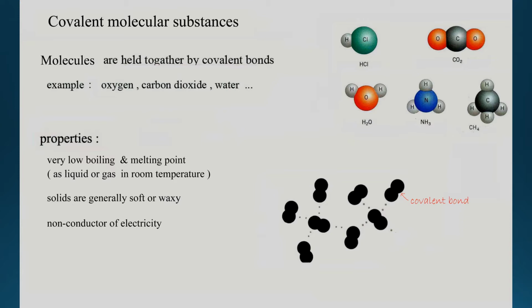Now, I'm going to introduce another type. This is called the covalent molecule substance. They are also held together by covalent bonds. For example, oxygen, carbon dioxide, water.